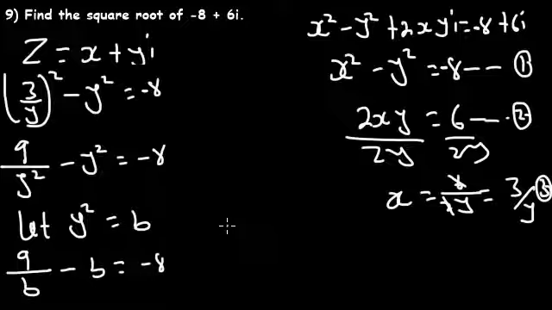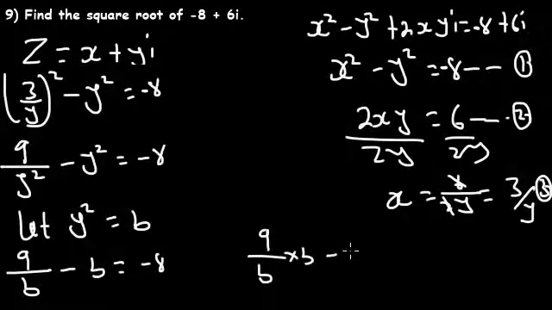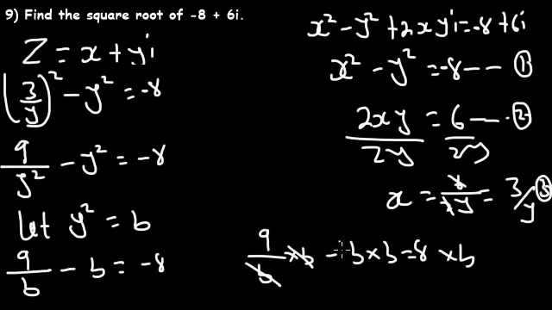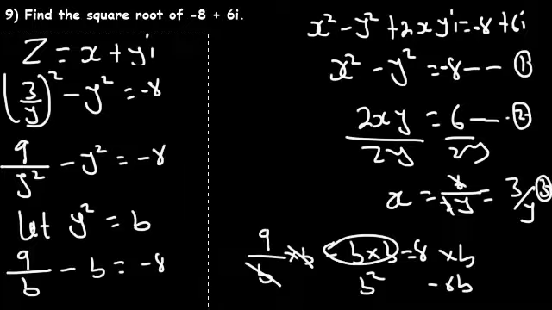And then we have 9 over b times b minus b times b equals minus 8 times b. So these cancel, gone. Minus b times b is minus b squared, and minus 8 times b is minus 8b. I hope you are following the steps.